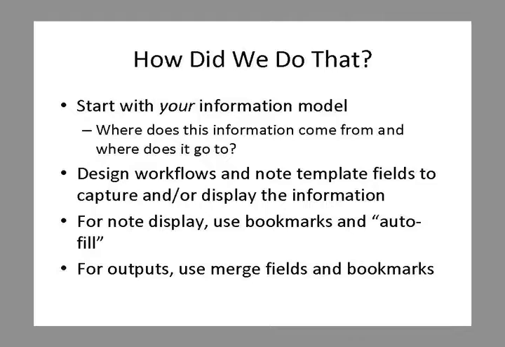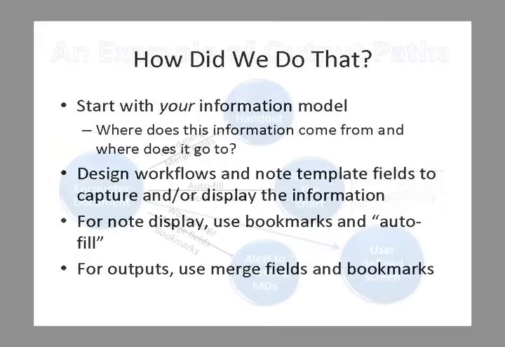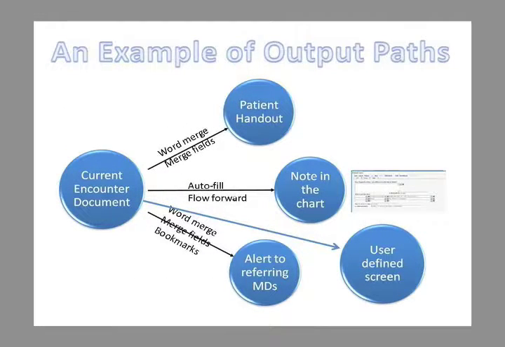For note display, use bookmarks and use the autofill function. Autofill is very confusing, I think, and I'll go over it a little bit, how it works. And for outputs, use merge fields and bookmarks. So here's an example of output paths, that same graphic. For the patient handout, we're going to use the word merge with merge fields. Merge fields in your word merge document, which once you do it, it's really easy to work with.